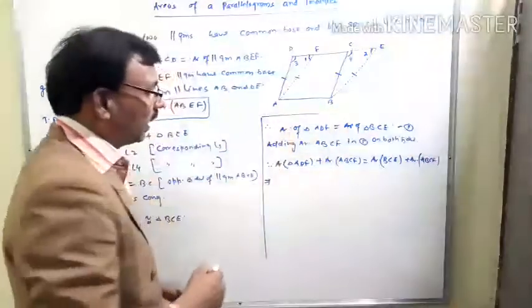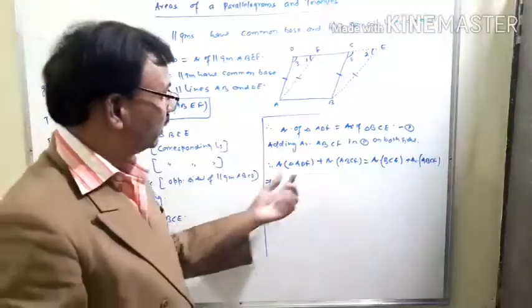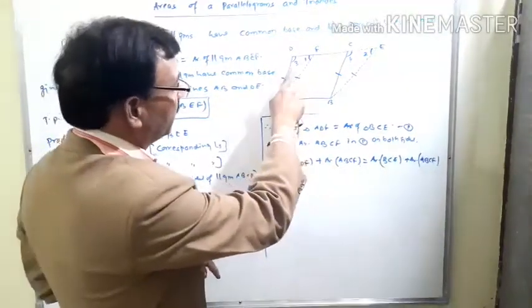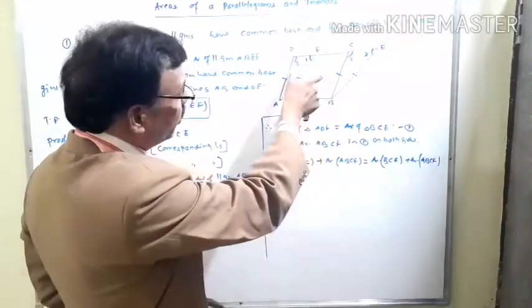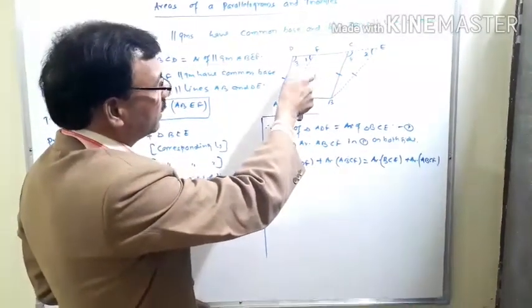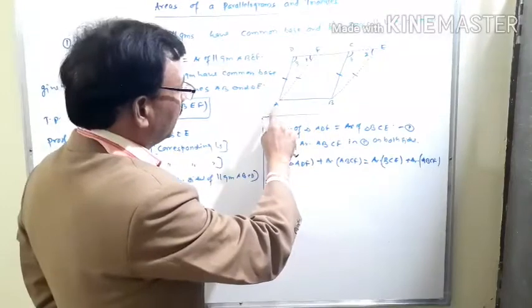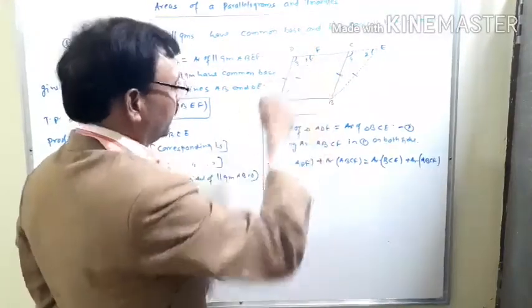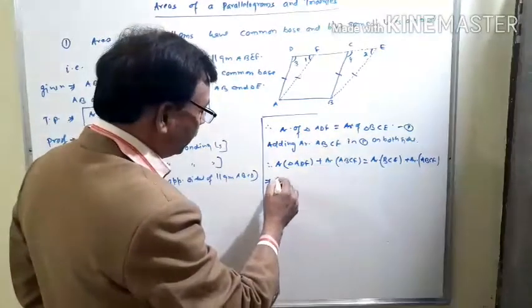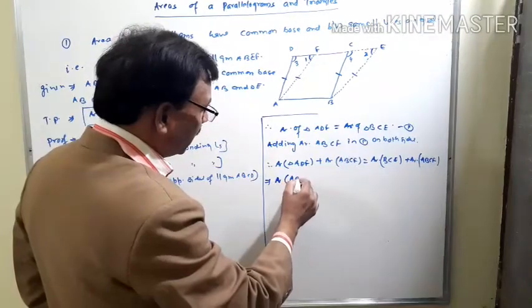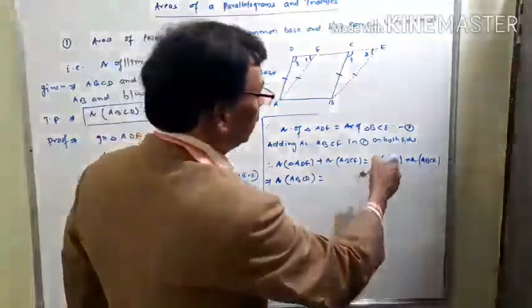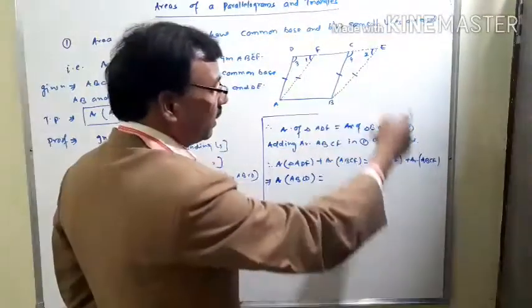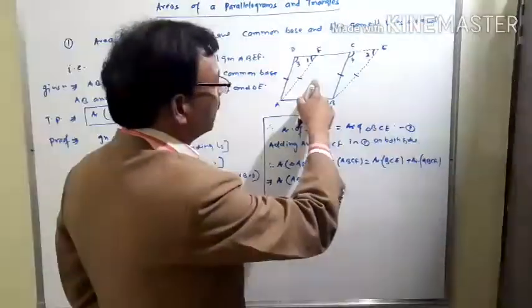Go to the figure and see carefully. ADF, that means this triangle, plus ABCF: if both areas are included, this forms area ABCD. Therefore, area ABCD is equal to BCE, that means this triangle, and ABCF, that means this area.